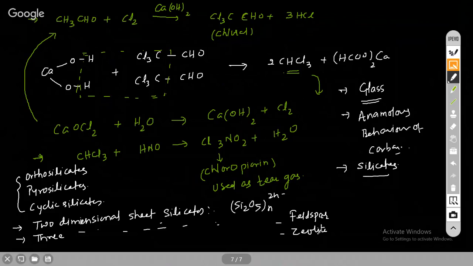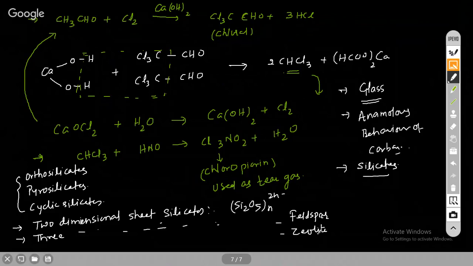These zeolites basically act as an ion exchanger. However, these things are not important. When you go through once, you will understand. They don't generally ask these, but the structure of silicates you must go through, which is given in NCERT. So these three, four things you have to read from NCERT.